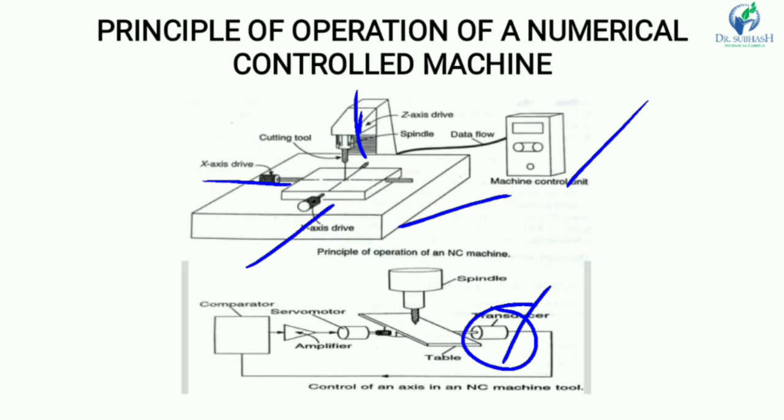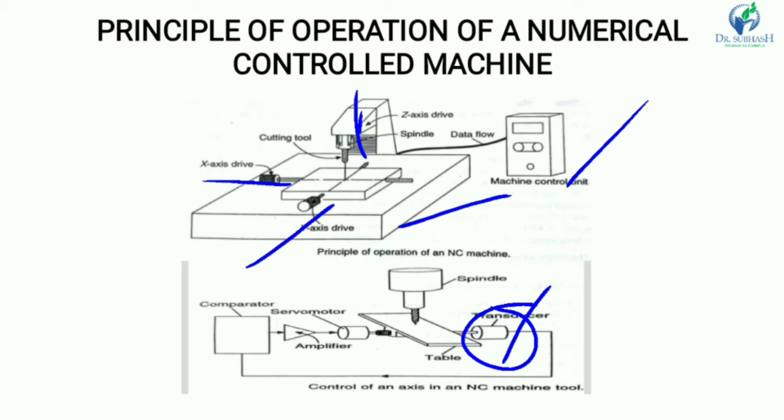The feedback transducer is mounted either on the slides or on the servo motors and measures the displacement or position of the slides. So this is the basic principle of operation of numerical control.